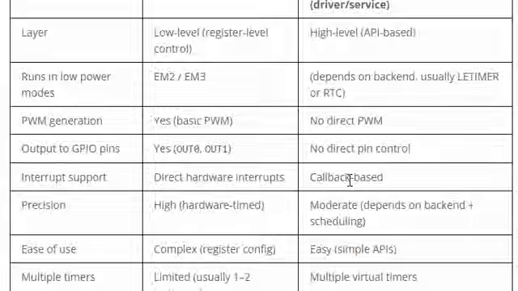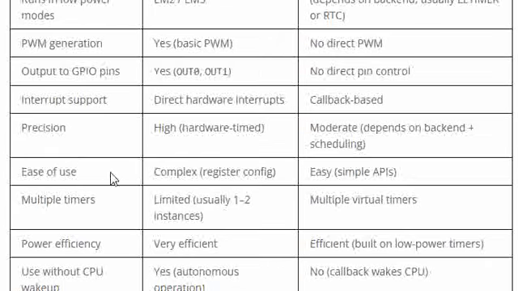Whereas the sleep timer is function based, where it calls the function. It's not interrupt based basically. And then the LE timer has very high precision, whereas the sleep timer has a lesser precision.